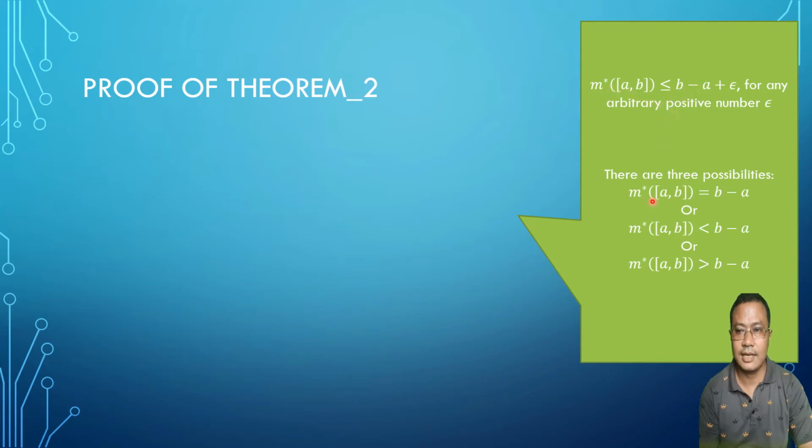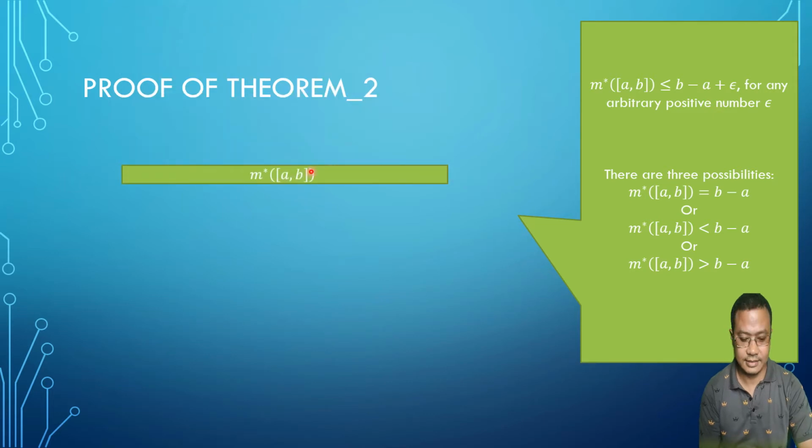There are three possibilities: m star [a, b] is exactly equal to b minus a, or m star [a, b] is less than b minus a, or m star [a, b] is greater than b minus a. If we assume each of these three possibilities, does this inequality hold for every epsilon? That is what we are going to find out here.